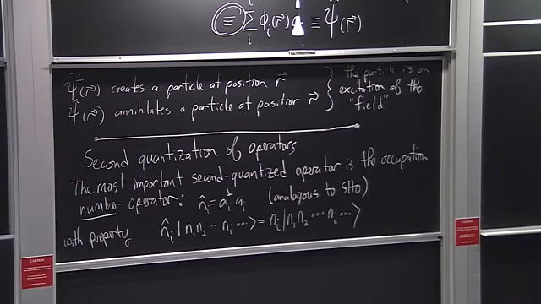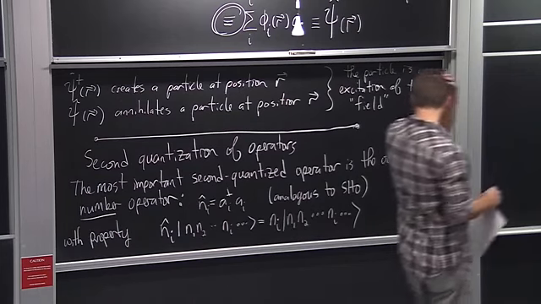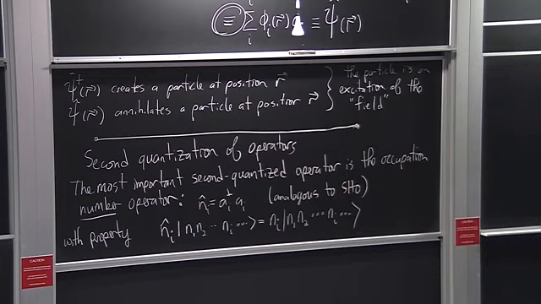It should be straightforward. And the reason the number operator is important is it occurs in second quantized Hamiltonians and so on, quite regularly. Unlike A or A dagger, which aren't Hermitian, it'll give you a Hermitian operator.